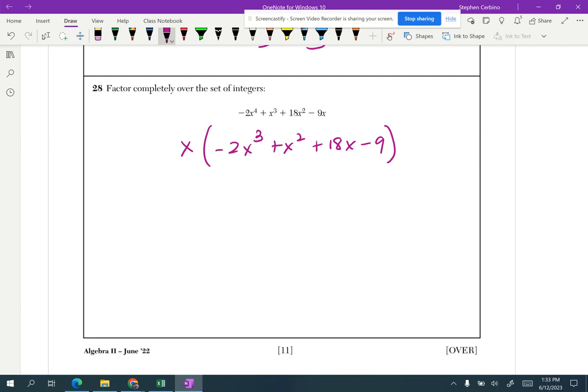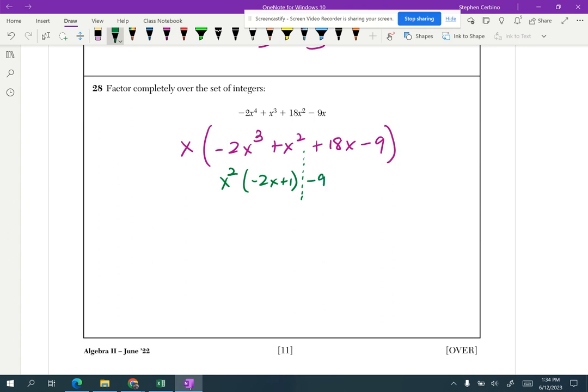I'm then going to do my grouping step. So I'm going to group these two together. See that x squared is common, leaving me with negative 2x plus 1. I don't want to just take out 9 here because I won't have negative 2x. I'd have positive 2x.